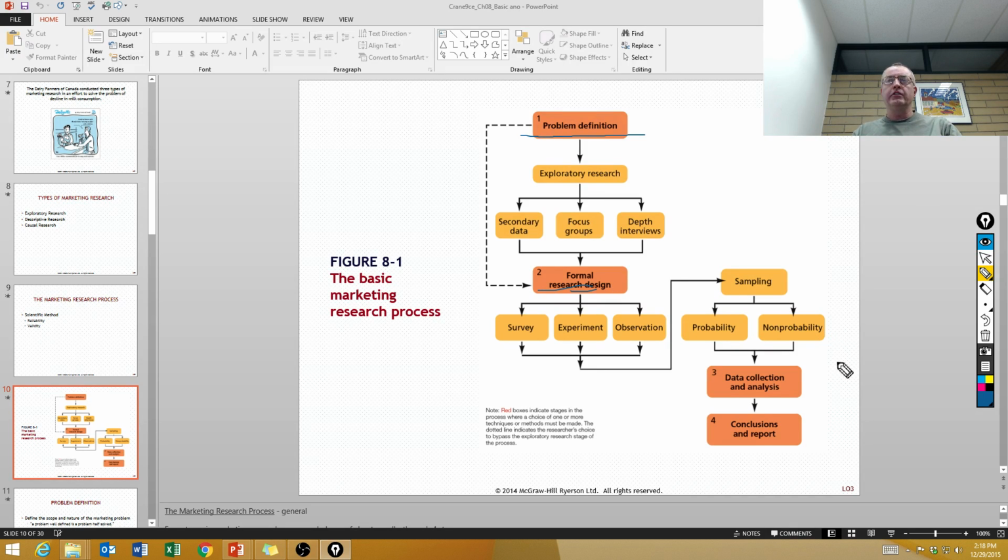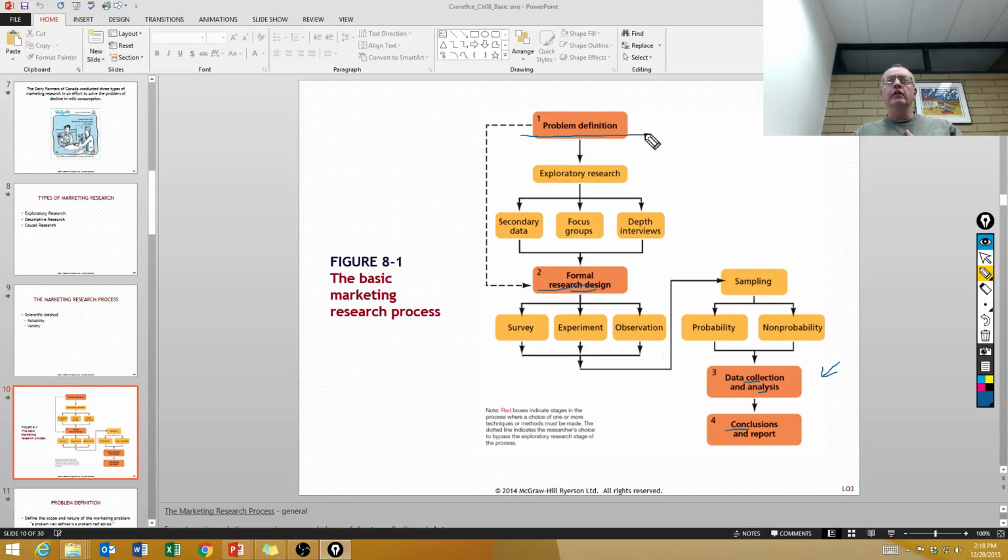And then we actually go out and collect the data, and then we analyze it. That's the third step. And then the fourth step, we draw our conclusions from the data, and we write a report for our client, or for our supervisor, or whoever it is that got us to undertake the research in the first place.